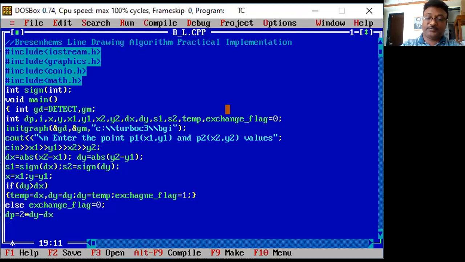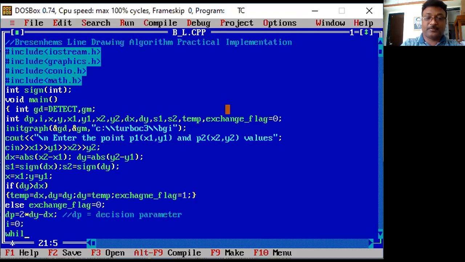So this is dp, the decision parameter. What does the decision parameter decide? Whether I am going to select the upper pixel or the lower pixel. So that is my dp, the decision parameter you can select, and initialize the value i is equal to 0 first.